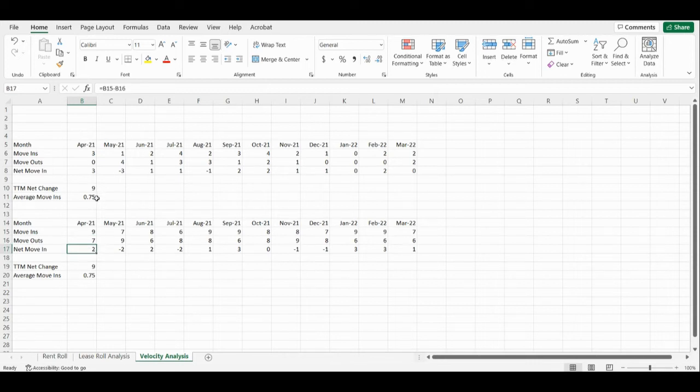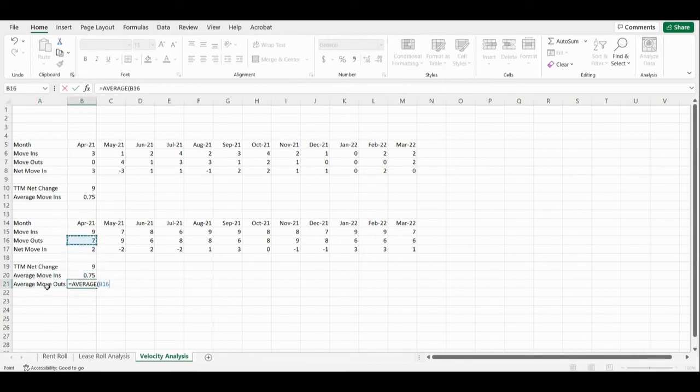And what's important to note here, if you're looking at this as a prospective investor, is that if we look here, this property is averaging 7.25 move-outs a year. So let's put that here, average move-outs.